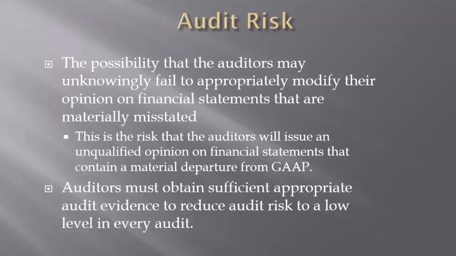So we don't have unlimited time, we don't have unlimited resources, so what we're attempting to do in this process is to lower the risk from the perspective of the auditor so that the audit is completed in an appropriate time period, in an appropriate manner, so that we can get in and we can get out and everybody's happy.